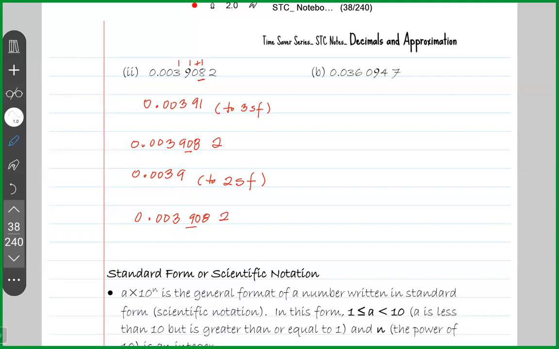If that digit is 5 or more, I'd add 1 to the digit before it. In this case, since the digit I'm looking at is 9, which is greater than 5, I'm going to add 1 to the 3, making my answer 4 to 1 significant figure. All right.